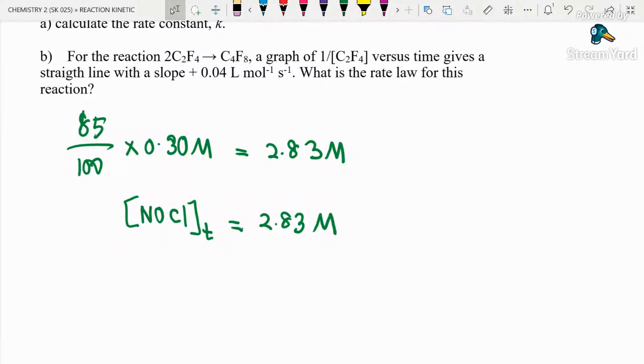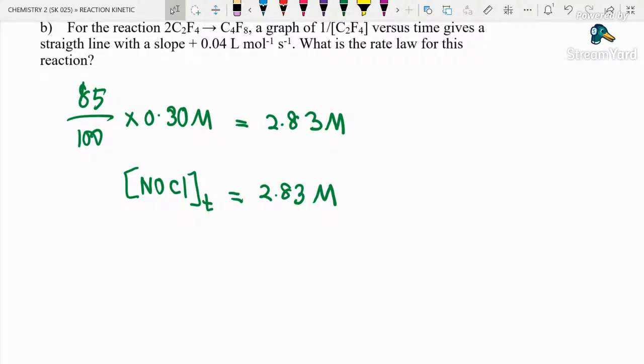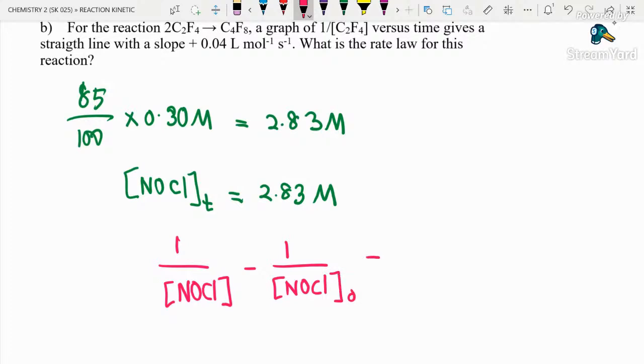Tengok nota, cari integrated second order. 1 over A. Okay. Nampak dah. Sekejap ya, saya salah tekan ke?